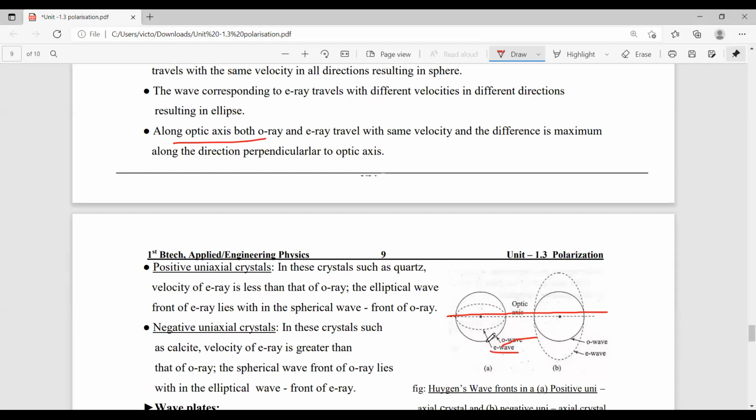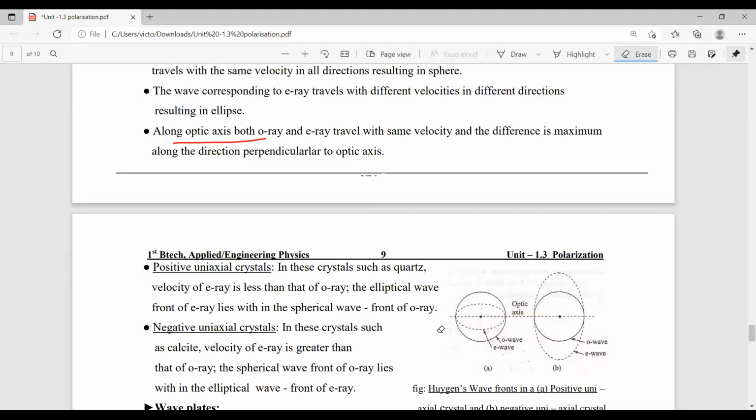When you observe this figure, the continuous lines indicate the O ray and the dotted lines indicate the E ray. How do we confirm that? The O ray is in the shape of a circle, and the E ray is in the form of an elliptical shape.